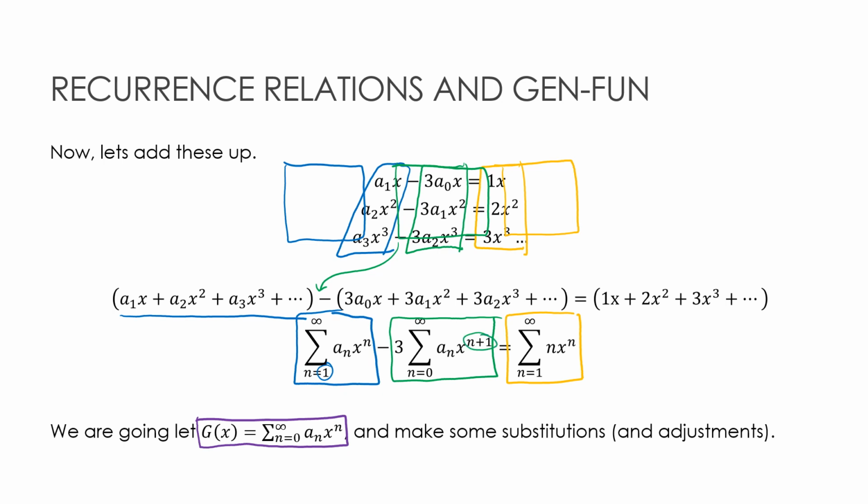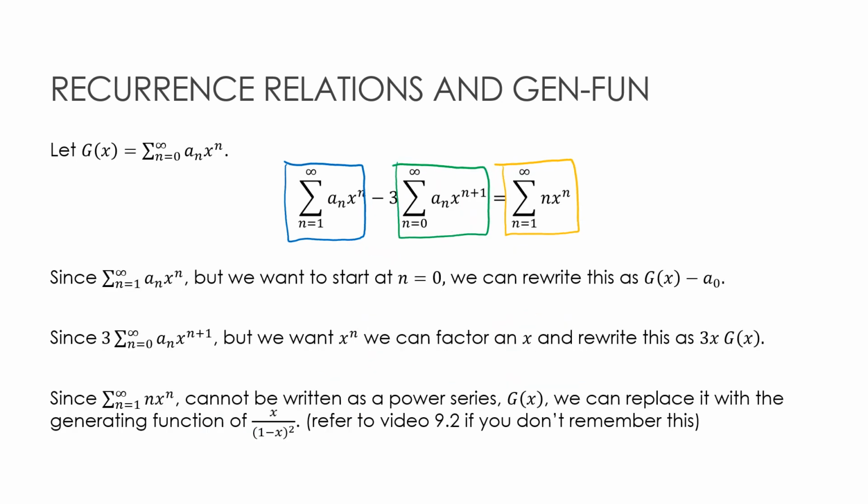And this one, frankly, doesn't really fit at all. So let's take a look at how we're going to tackle those 3 situations. In the first part of my example, it's really close to my generating function, g of x, which is the summation as n goes from 0 to infinity.